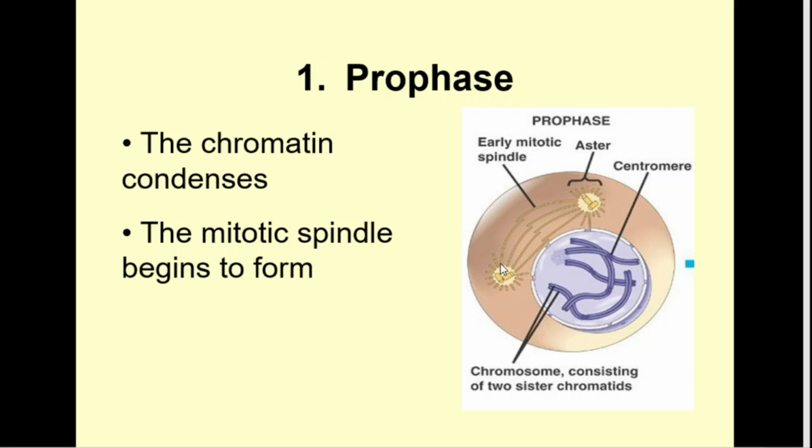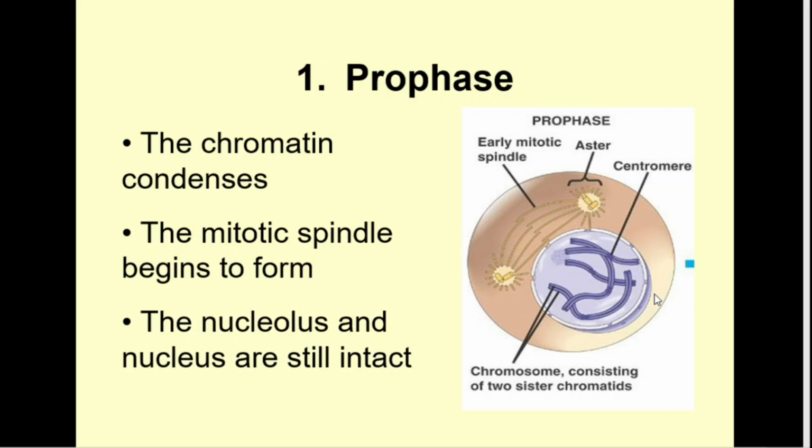Okay, so this network of microtubules growing out of the centrosomes is called the mitotic spindle, and that is starting to grow during prophase. But at this stage, we can still see that the nuclear envelope is still in place. So we've still got the membrane around the nucleus. We also still have the nucleolus, which you can just sort of make out up here.